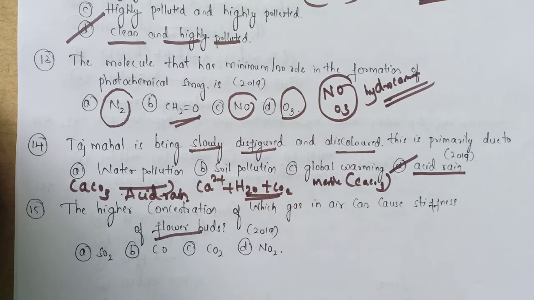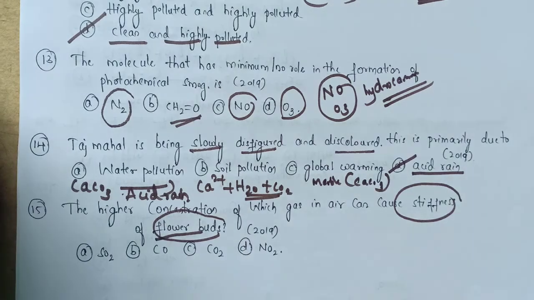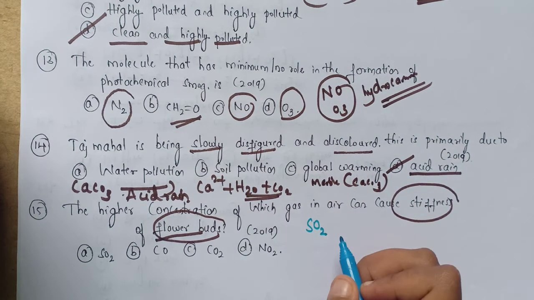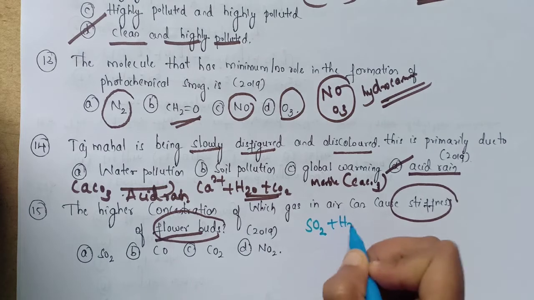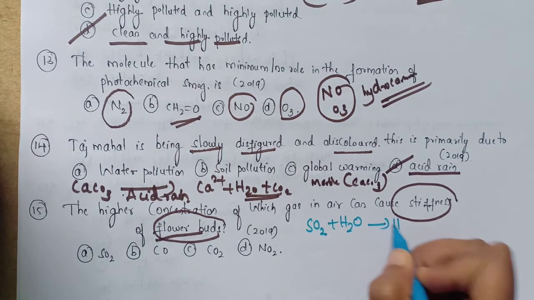So they are asking which gas in air can cause the stiffness of the flower buds. They have given the options SO2, CO, CO2 and NO2. See here, when the organic pigments, that is colorants present in the flower, come in contact with the SO2, a reaction between SO2 and water takes place and it leads to the formation of H2SO4.